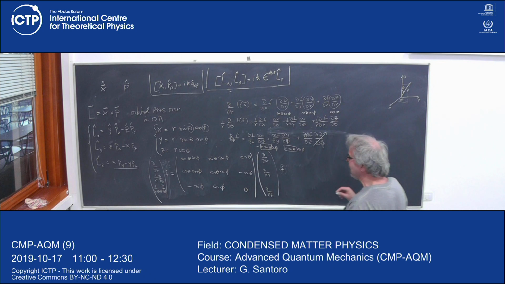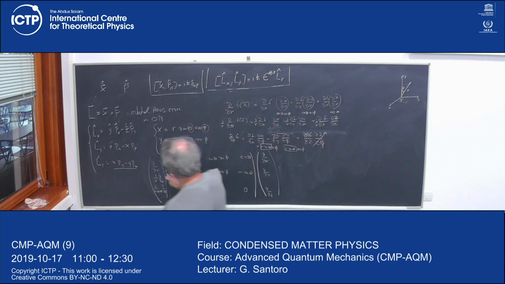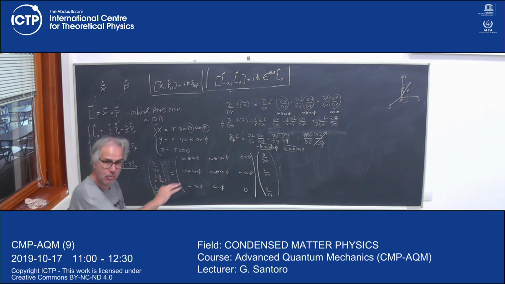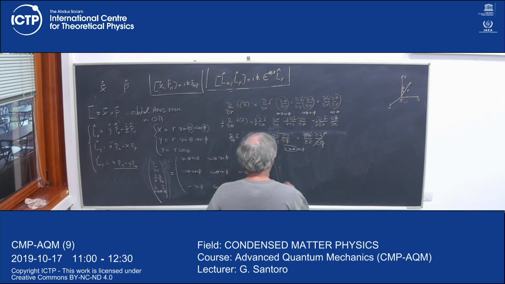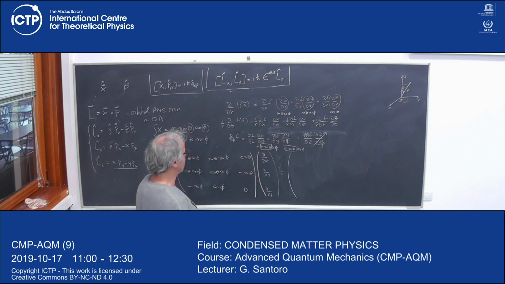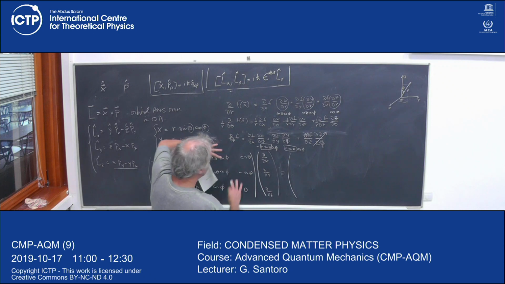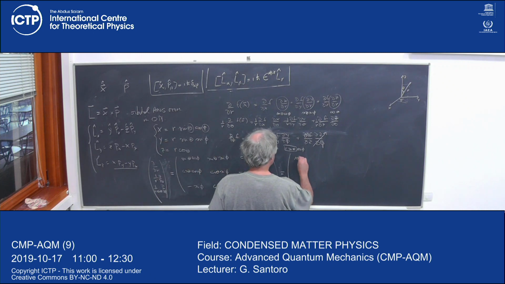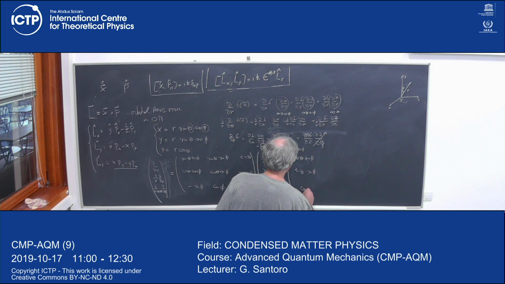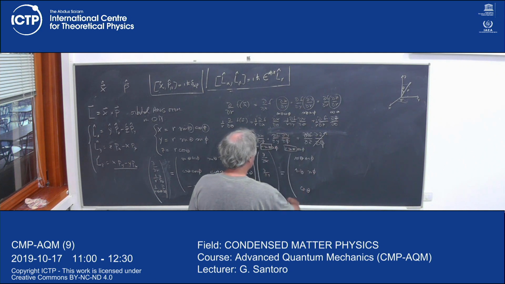Good. In fact, I eliminate now the function f because that's somehow true for any function that you might want to calculate. Okay? Now let me write this in the following way. Rather than writing the matrix like this, let me write it in a transpose way. So I write sine theta cos phi, then sine theta sine phi, and then cos theta. You see the first row is now first column.